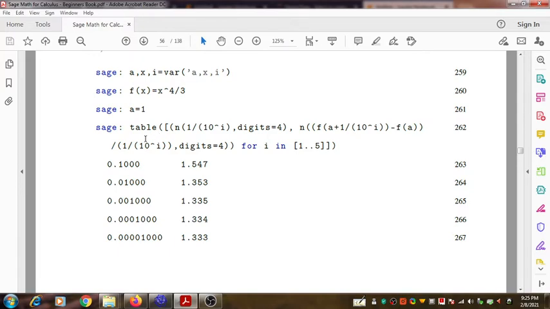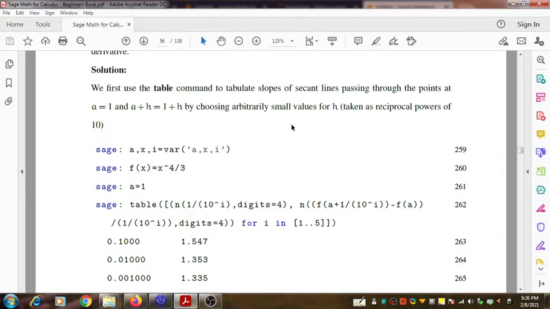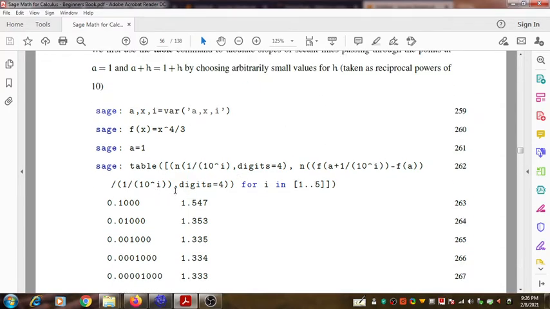After that we write the statement for preparing the table, calculating the values specified in this explanation. For that we use the table command, and then in brackets we write n of 1 divided by 10 raised to i.